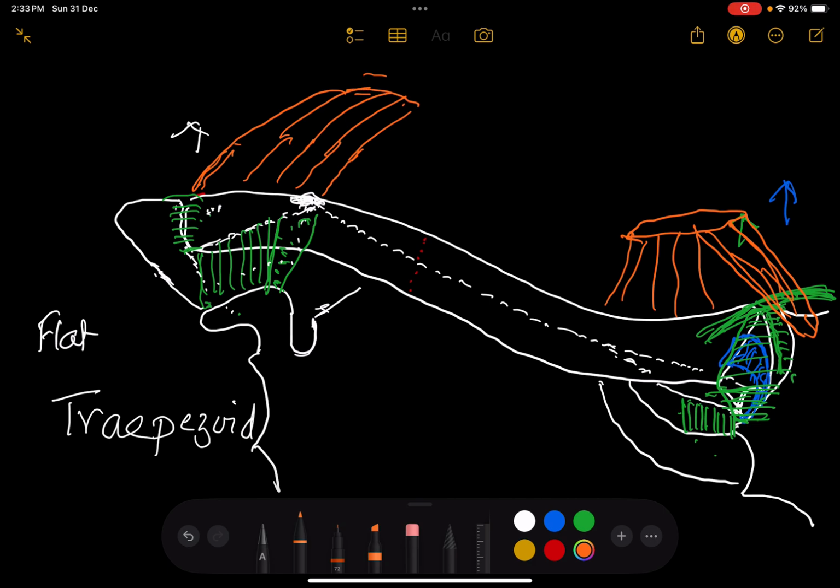So now the deep fascia, which is basically engulfing the trapezius, will go like this and engulf the sternocleidomastoid. So this deep fascia is attached to the posterior border of the clavicle between the sternomastoid and the trapezius.